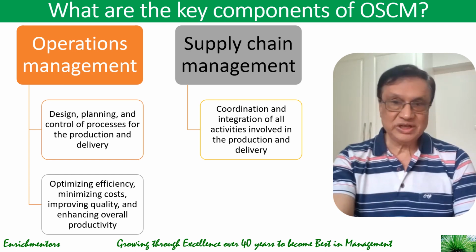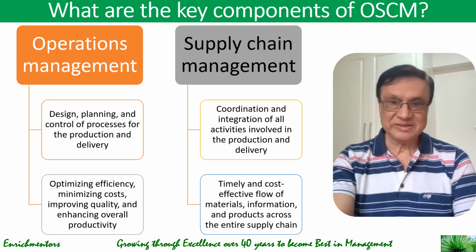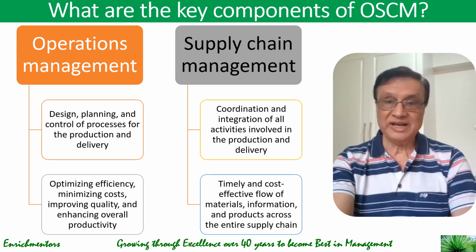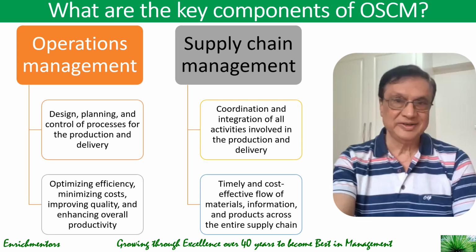The main objective of supply chain management is to ensure timely and cost-effective flow of materials, information, and products across the entire supply chain, from your suppliers to your customers. Those are the key components of operations and supply chain management. So two key components, and we understand what is further included in them.